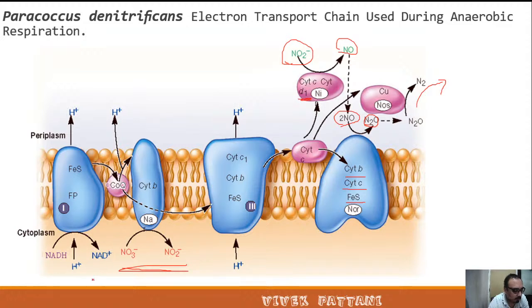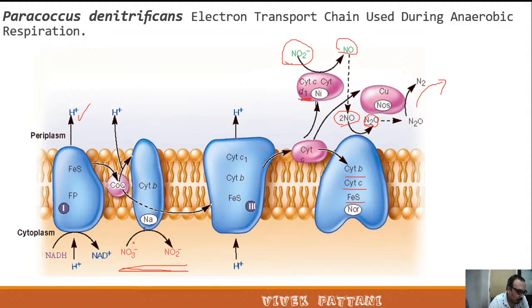NADH will be converted into NAD and passed on to the first complex, and the hydrogens will be pumped into the periplasm. These electrons will further move through coenzyme Q to cytochrome b and to the cytochrome c1 bc1 Fe-S complex.